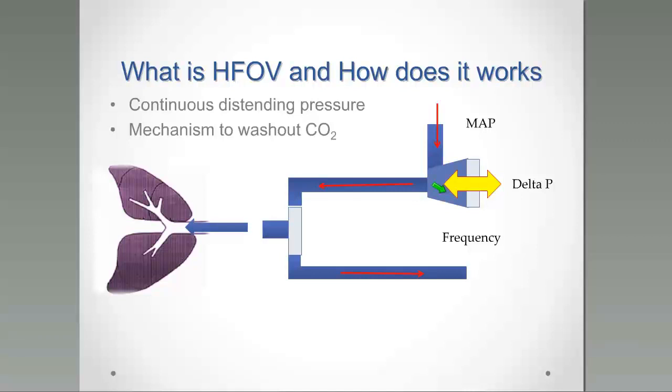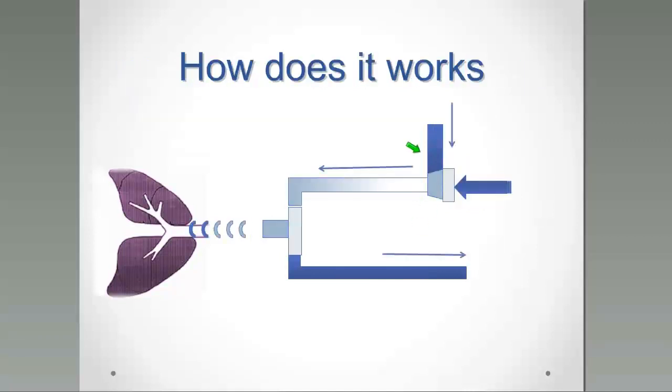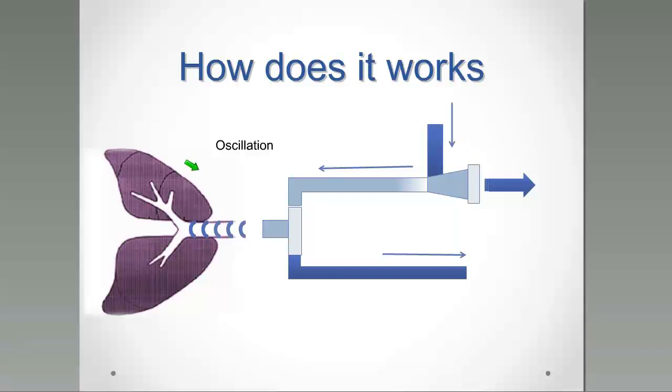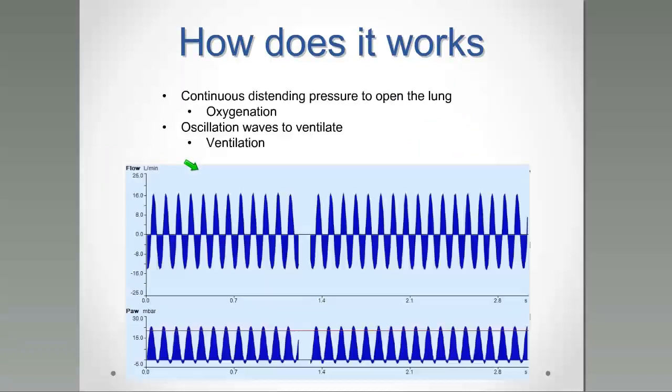So when we have this kind of displacement, the lung is going to be inflated by recruitment of all of the alveoli due to the mean airway pressure, and then the very fast displacement of this membrane, piston or valve is going to be transmitted into the lungs where the gas exchange is going to be induced.